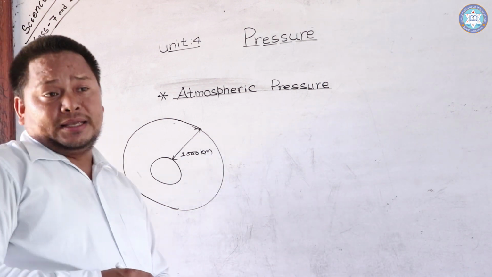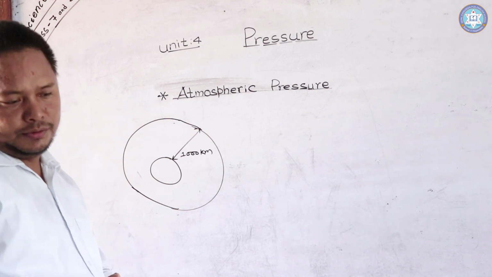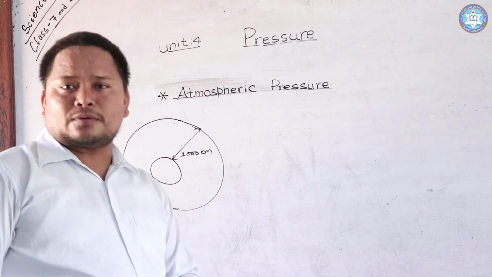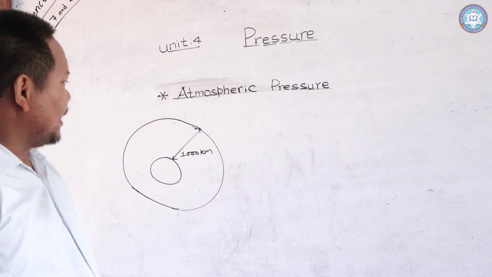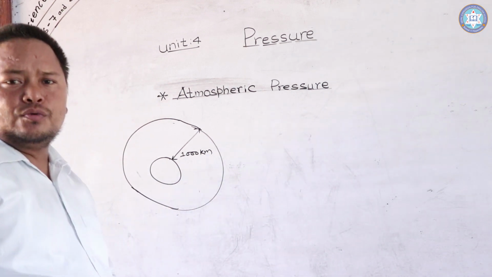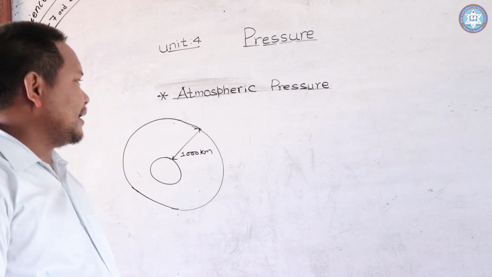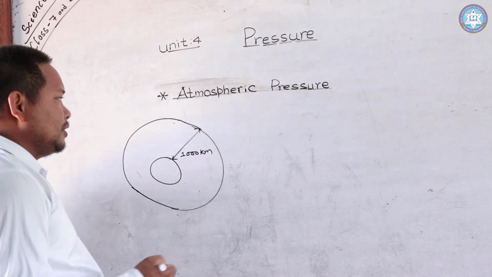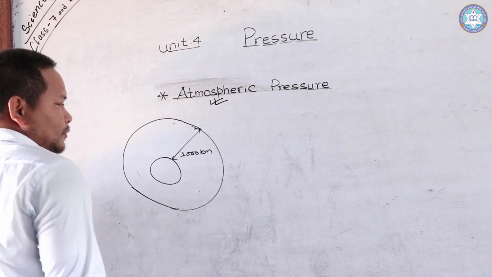We know air has mass, air has weight, so it also exerts pressure. And this pressure which is exerted by the air or atmosphere is called the atmospheric pressure.